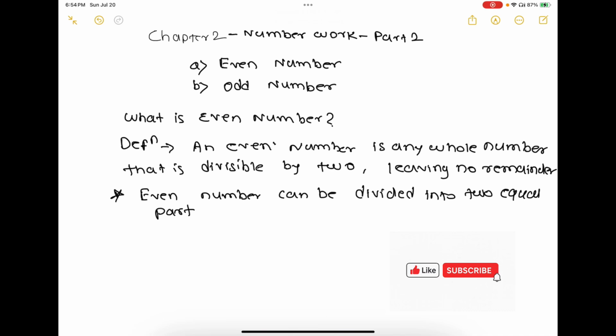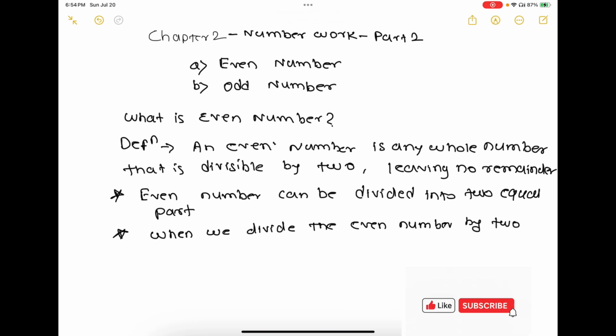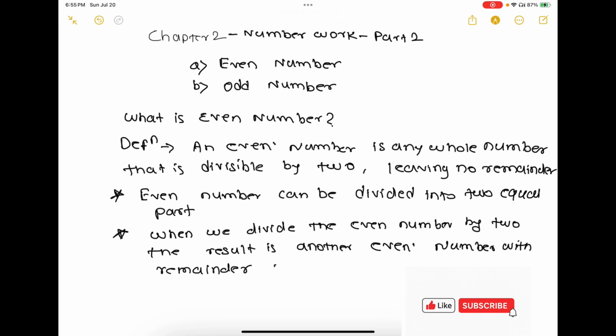Okay, and one more important point, when we divide the even number by 2, the result is another even number with remainder 0.